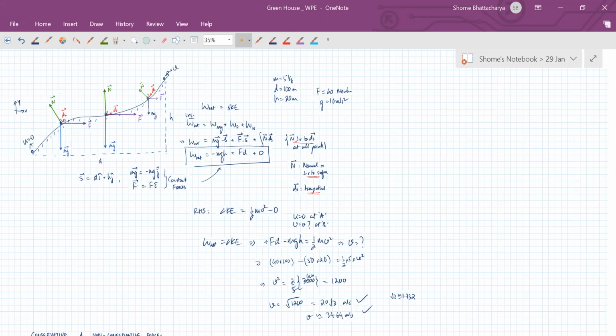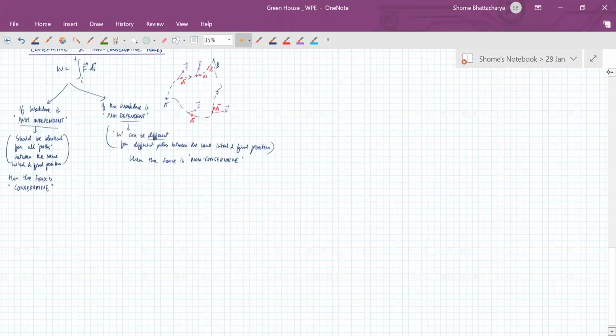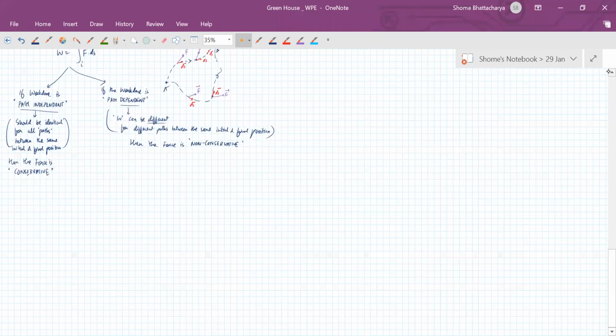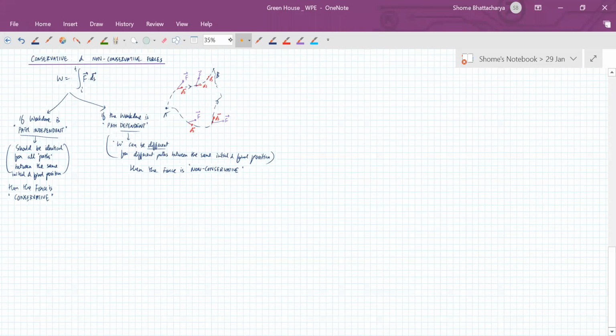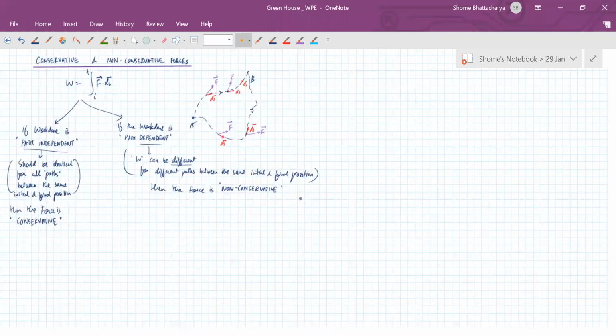Okay, Krish. Now come back to the definition of conservative and non-conservative forces. So next up, we'll discuss an example or two of each.